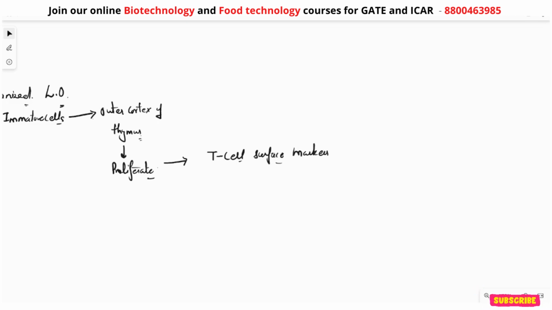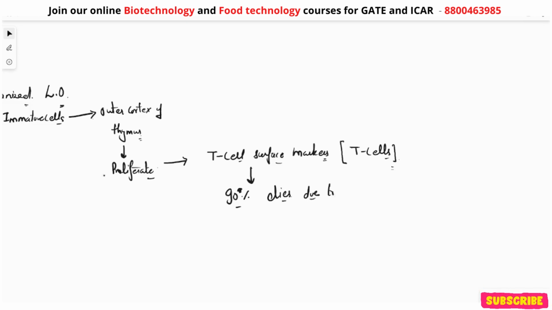Therefore, the thymus is the activation site for the T cells. And from these T cells, 90% of the activated T cells die.